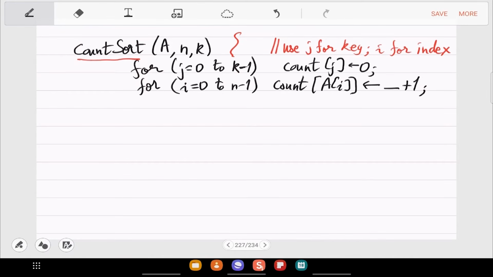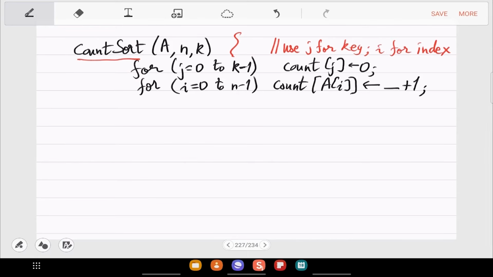Then A is being read from left to right, 0 to n minus 1, and the value that you see at index i, that location of count you will increment. That short form means count[A[i]] equals count[A[i]] plus 1. So this for loop gives you the count.